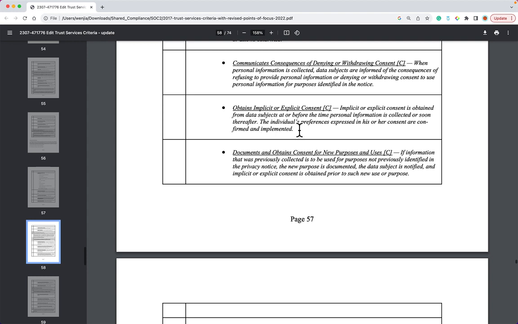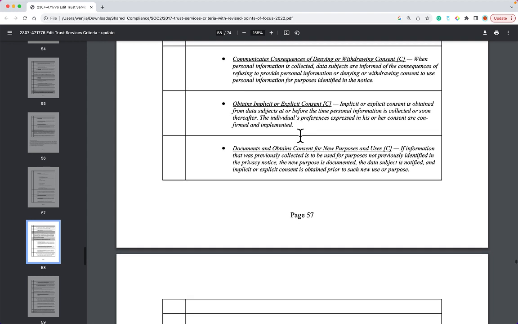Obtains implicit or explicit consent. Implicit or explicit consent is obtained from the data subject at or before the time personal information is collected. Yeah, you need to have consent before you are doing any action to an individual's personal information. So this consent can be implicit or can be explicit.